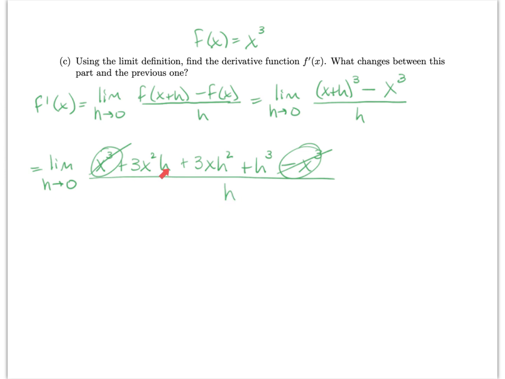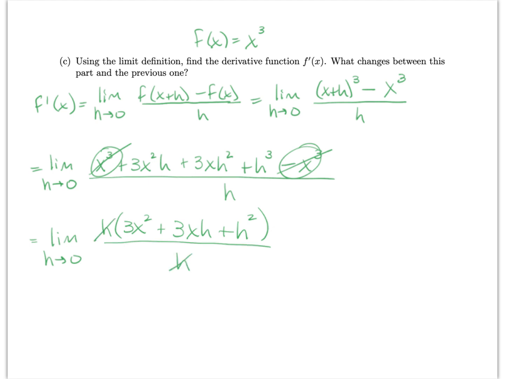So instead, notice that every term in the numerator has an h. You can factor one of them out to cancel with the one in the denominator. We've got the limit as h goes to 0 of h times 3x squared plus 3xh plus h squared, all over h.